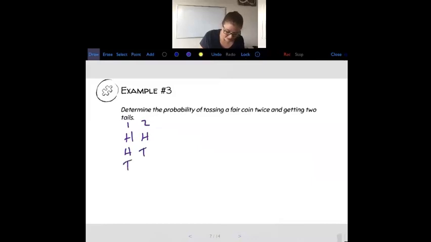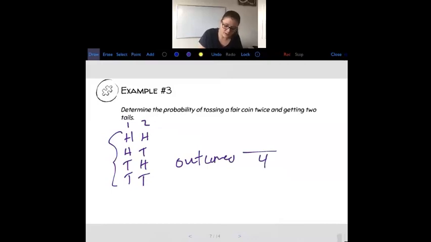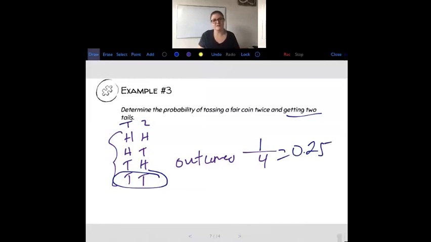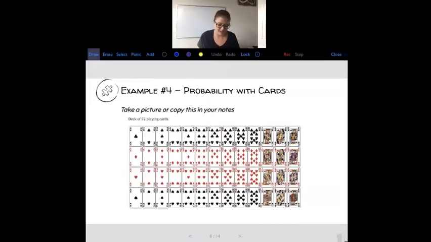We could get tails, then heads, or tails, then tails. So what this chart does for us is it tells us that there's 4 possible outcomes. And what we want is 2 tails, which means that we're looking for one of those. So in this case, the probability would be 1 over 4 or 0.25 or 25% chance of that happening.